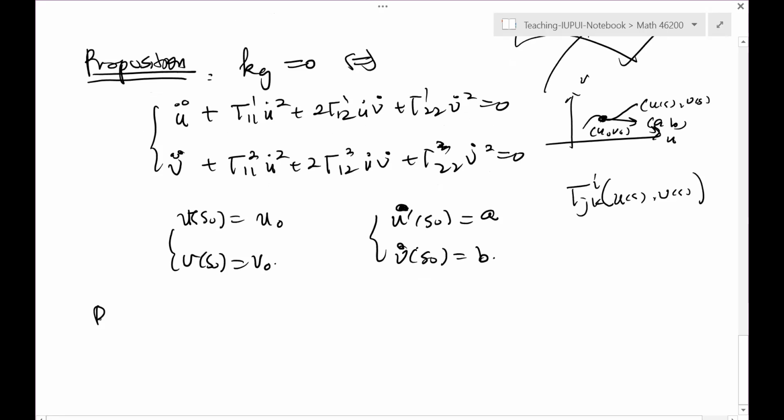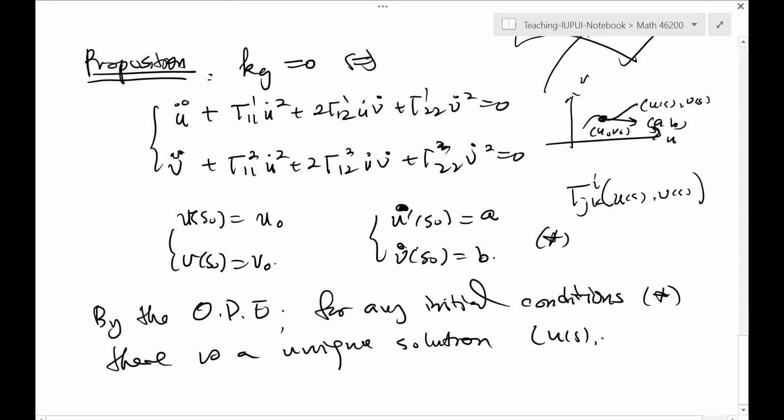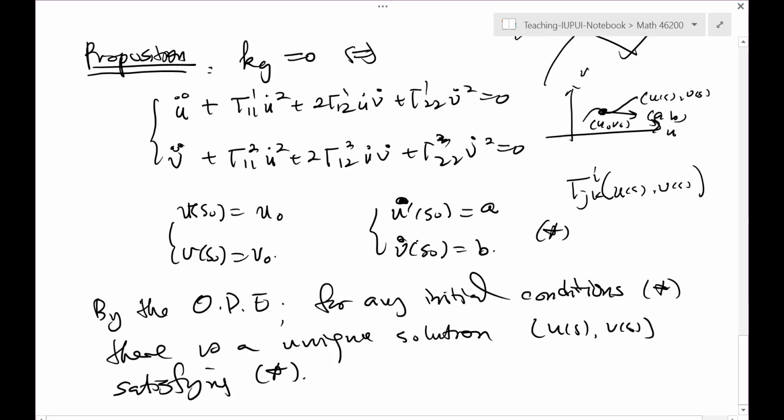Okay. So by the ODE theory, for any initial condition star, there is a unique solution u(s), v(s) satisfying the initial condition.